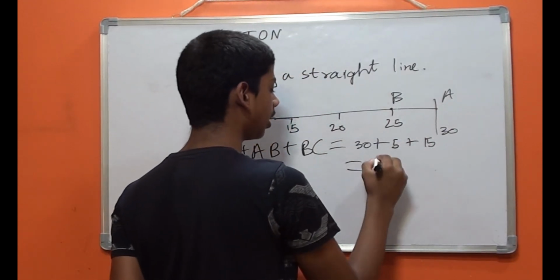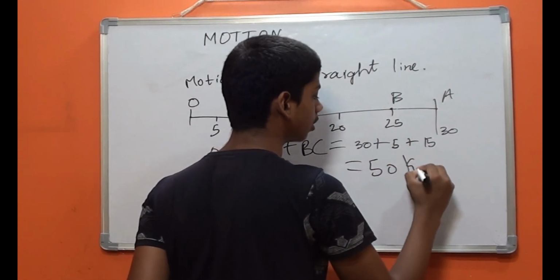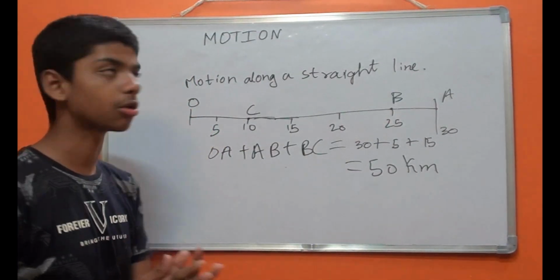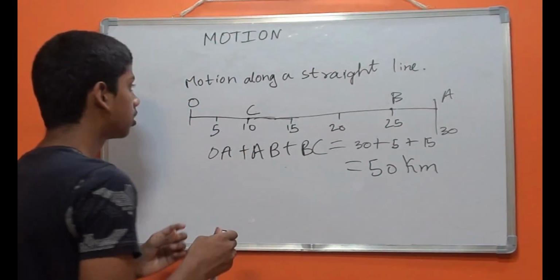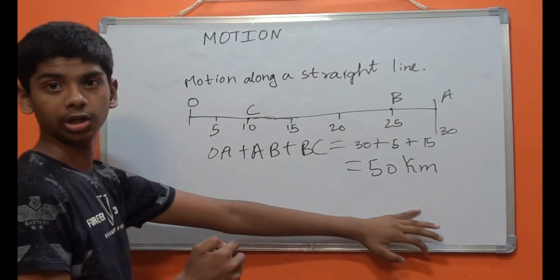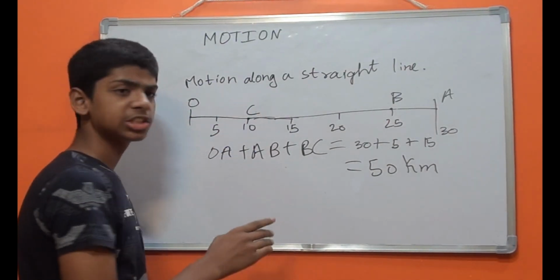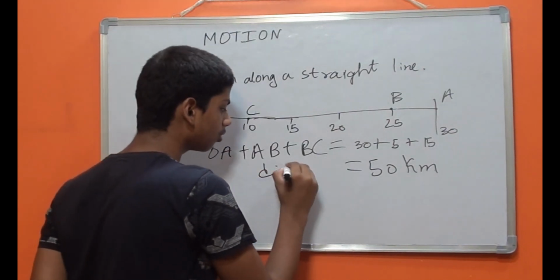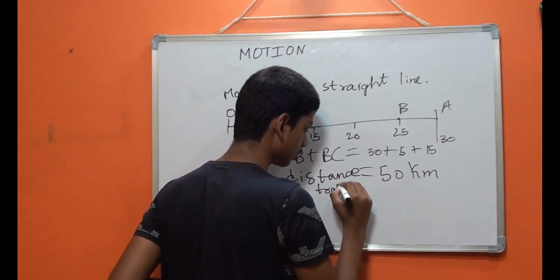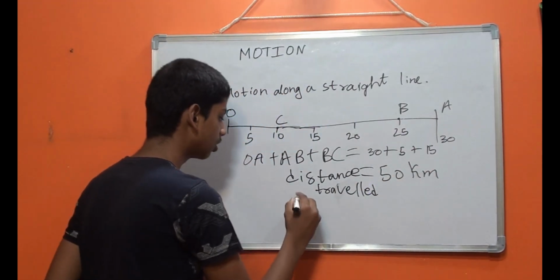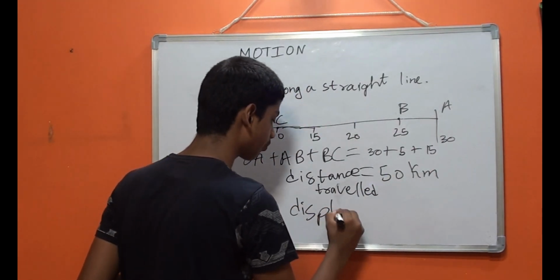This all adds up to 50 kilometers. So the total distance traveled here is 50 kilometers. Then what is displacement?